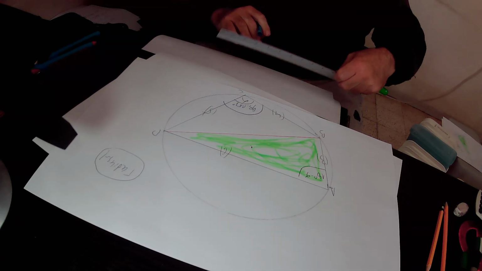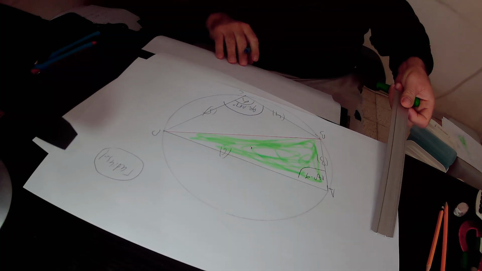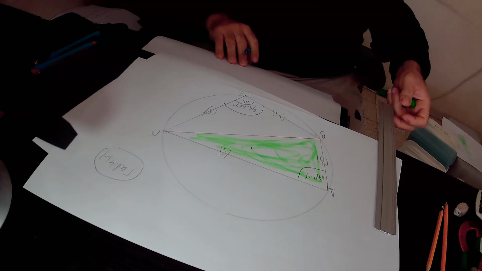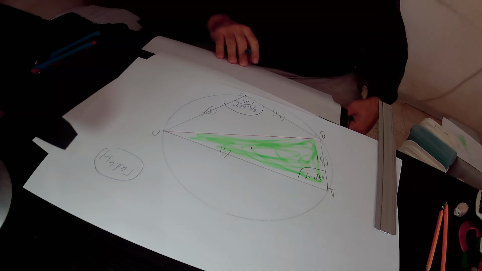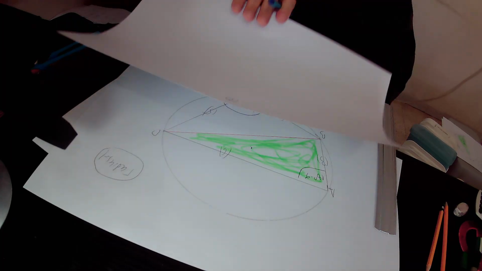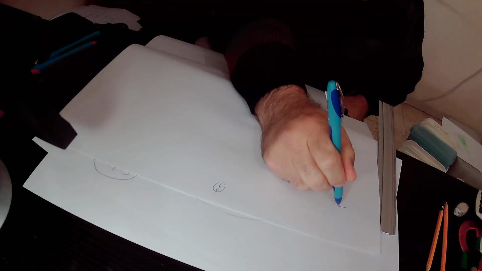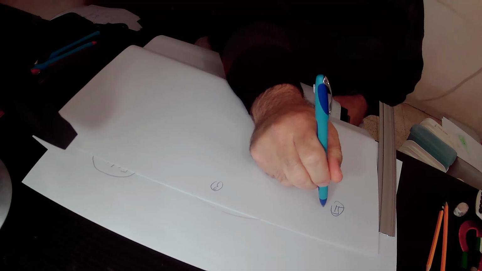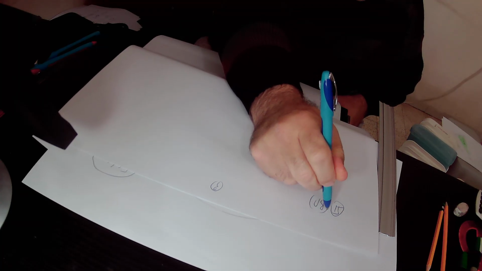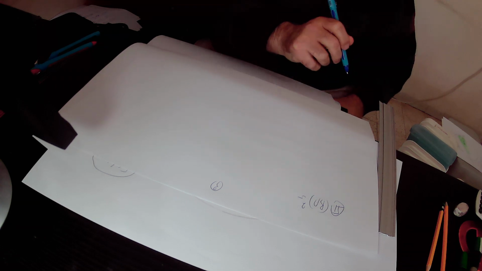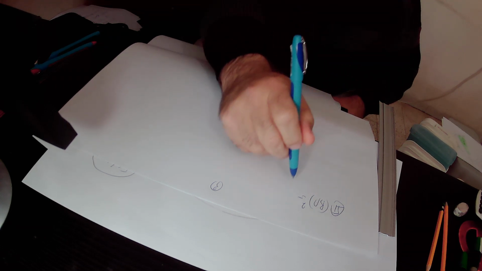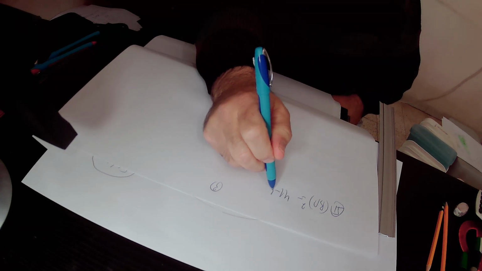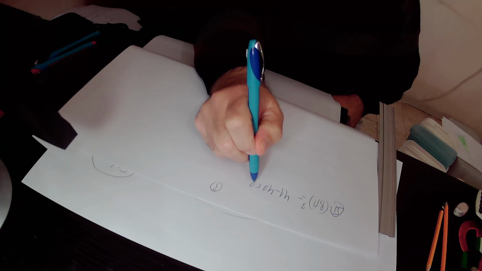According to equation 2, we already found out that BD squared equals 41 minus 40 times cosine alpha.